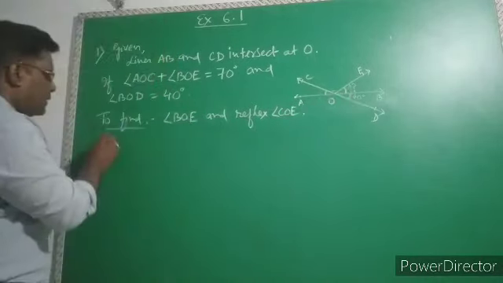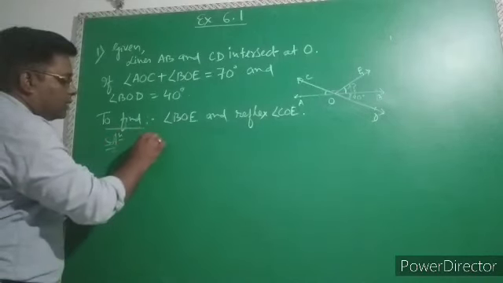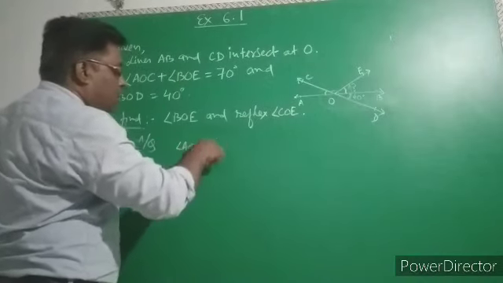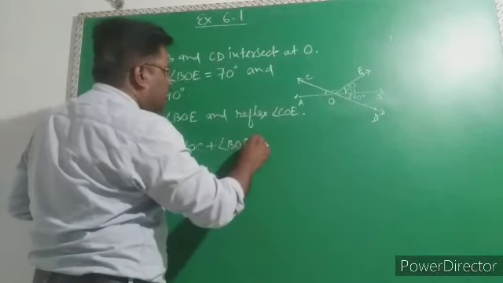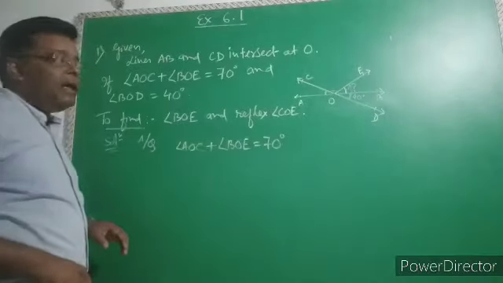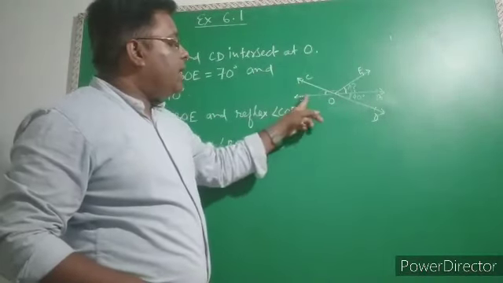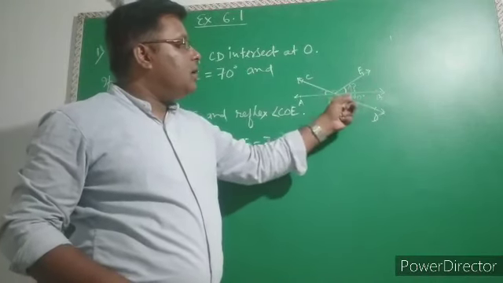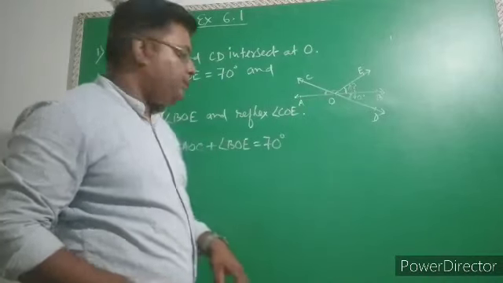Now, solution. According to the question, angle AOC plus angle BOE is equal to 70 degree. Now see, AB and CD intersect each other, so AOC and BOD are 2 vertically opposite angles, which means they are equal.